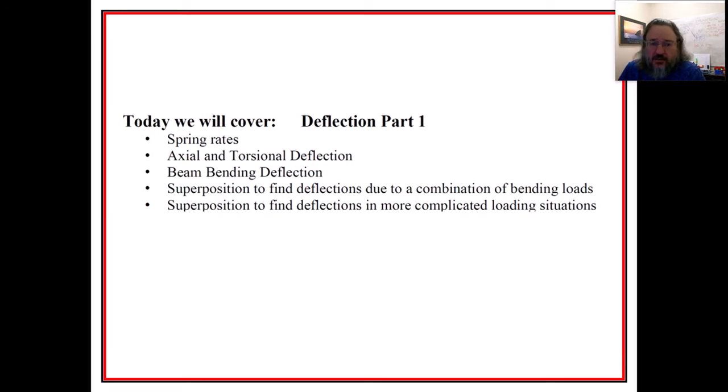Talk about axial and torsional deflection and beam bending deflection. These are maybe the three that we're most concerned with, and then using superposition to find deflections by a combination of different loadings. There are a number of things that I didn't cover in class, and I'm going to break this down into various smaller videos, so they're digestible pieces.